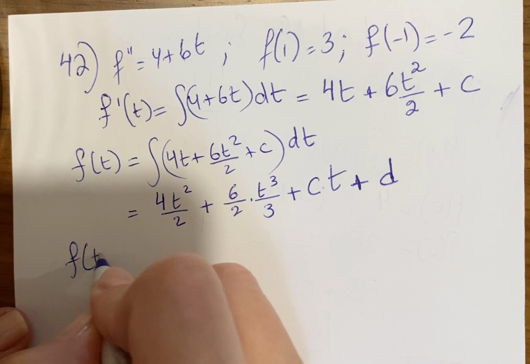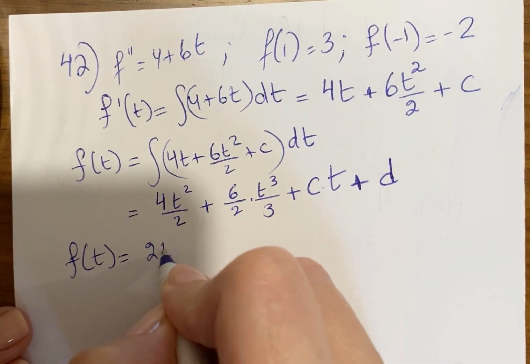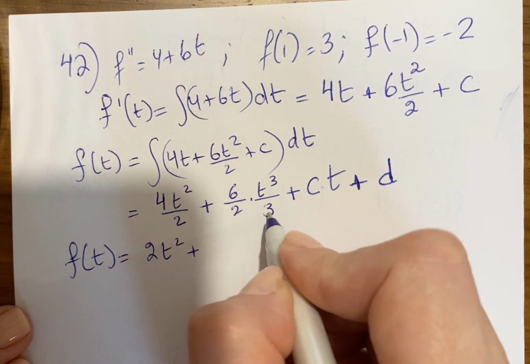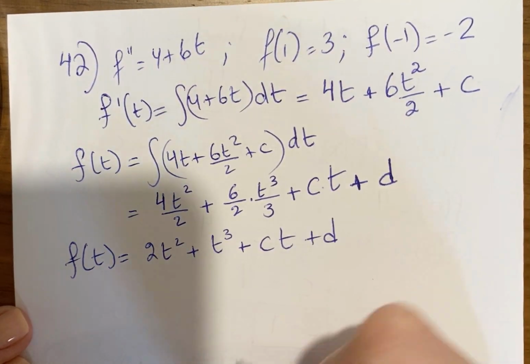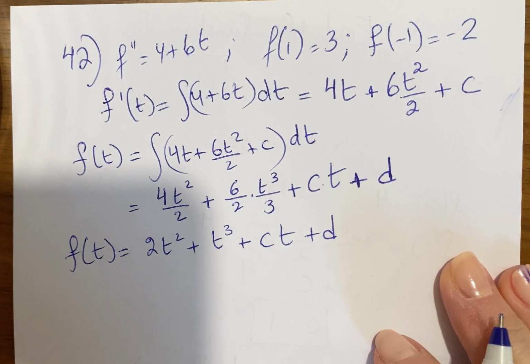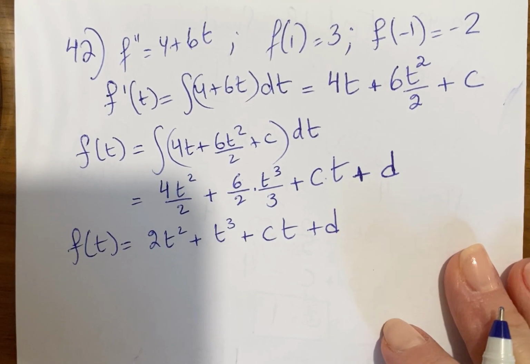So what does f of t look like now? 2t squared plus 6 over 2, 3 divided by 3 cancel, t cubed, plus ct plus d. To find the function that we are looking for, we have to find c and d, two unknowns.